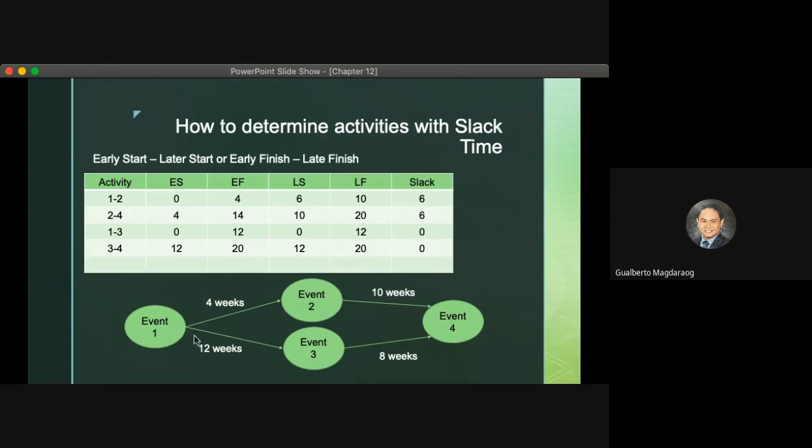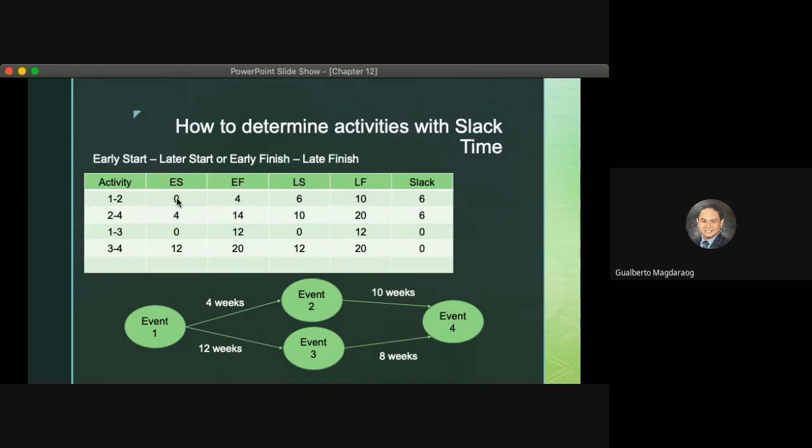Now, the earliest time to start the activity from 1 to 2 is 0 weeks, right? So we start from 0, the earliest start, and after 4 weeks, event 1 to 2 will finish. So the earliest finish for event 1 to 2 is 4 weeks.